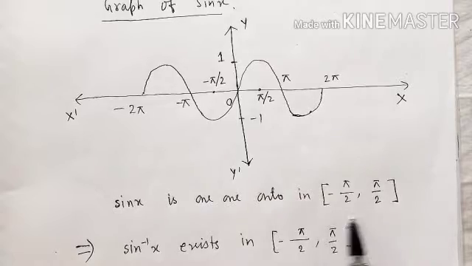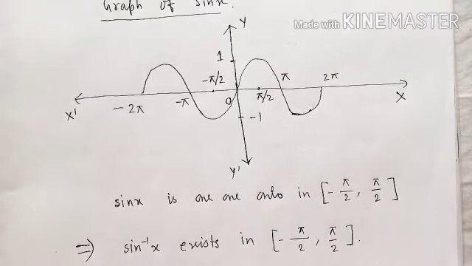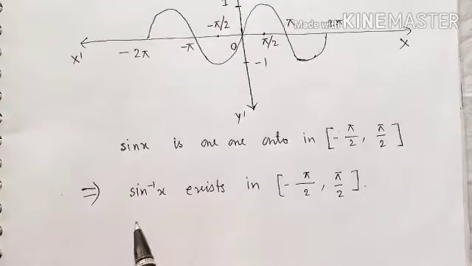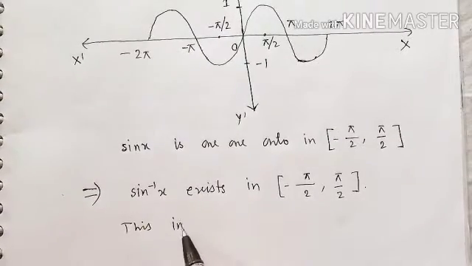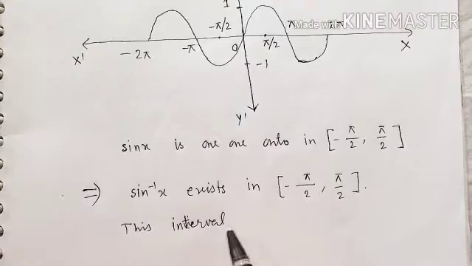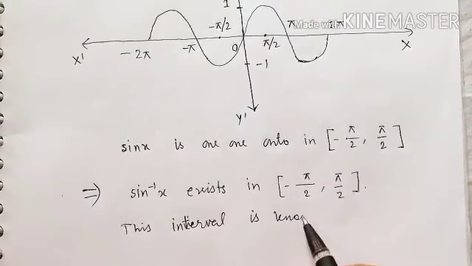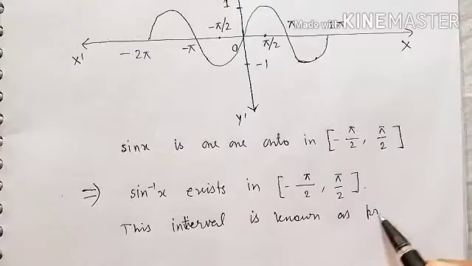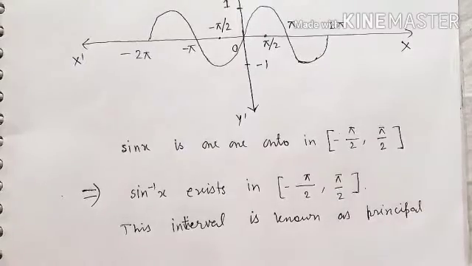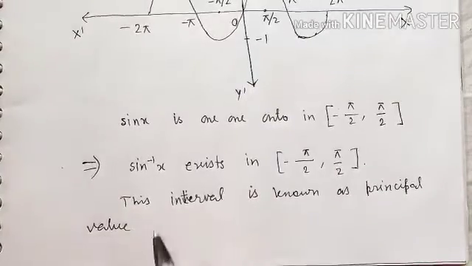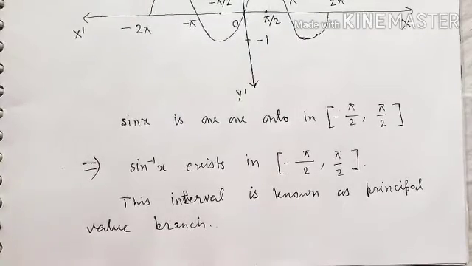We may take other intervals also, but this interval is known as the principal value branch. In this interval sin x is one-one and onto. That's why sin inverse x is taken in this interval.